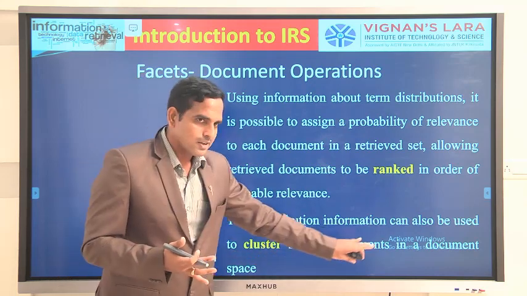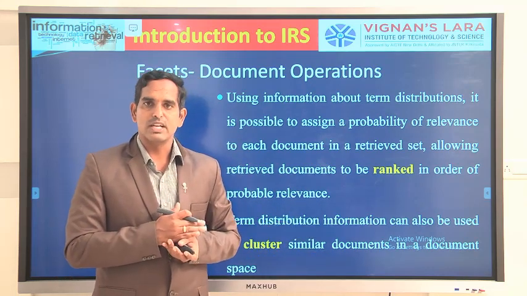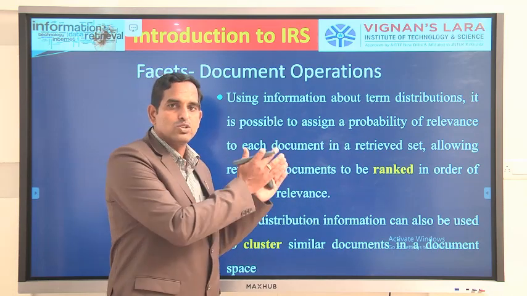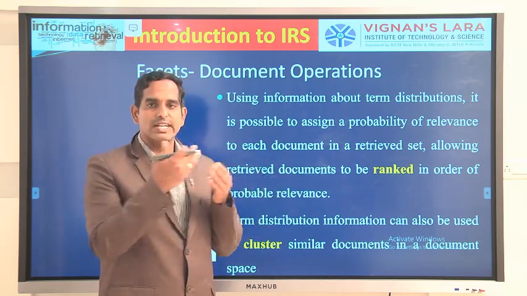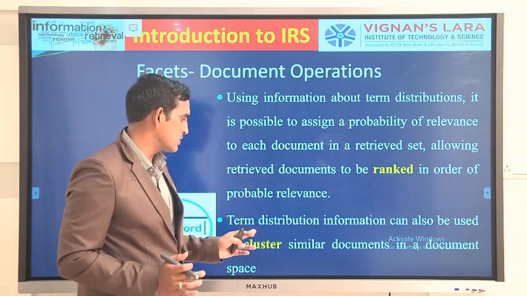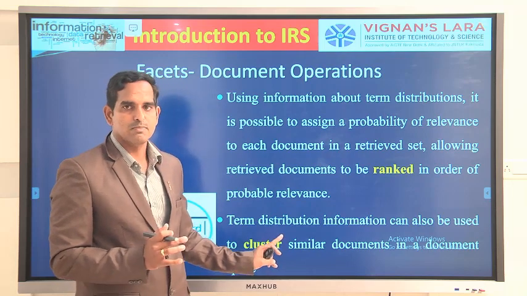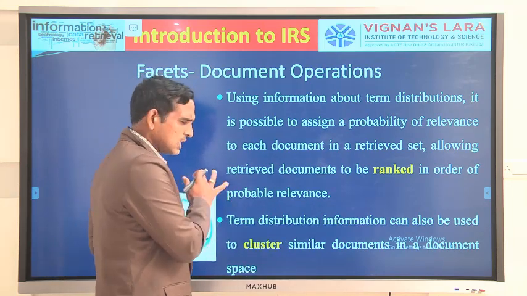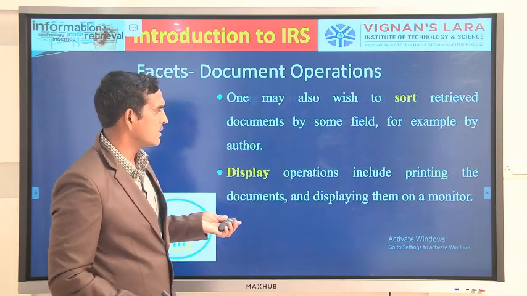The last one: once after retrieving some files, you want to group only the set of files relevant to a particular search. You don't want to retrieve each and everything. You want to group only a particular set of things, so we'll be dealing with clustering documents. So these are the operations supported by your documents.